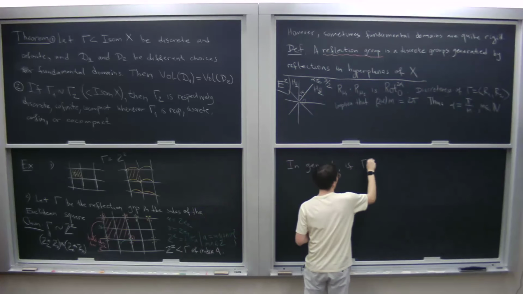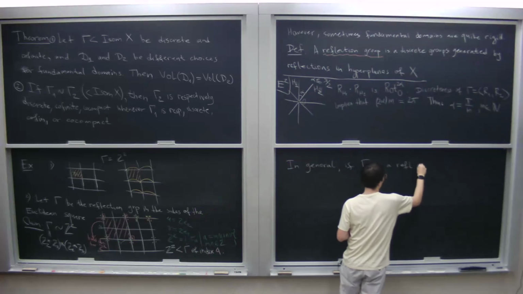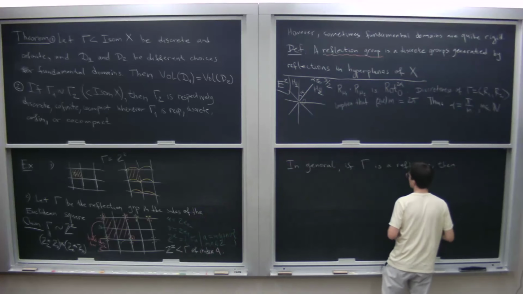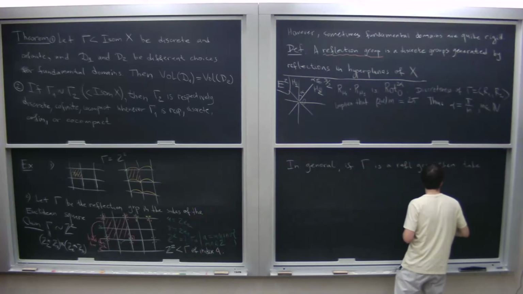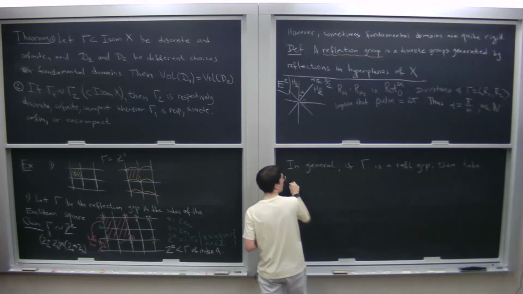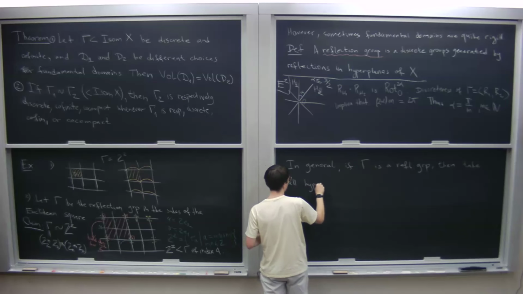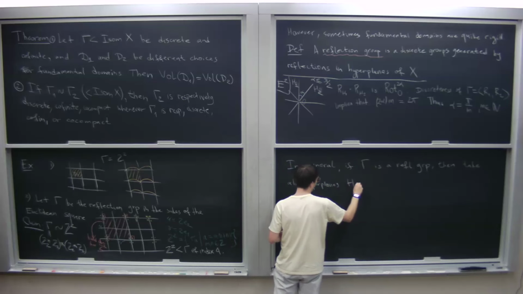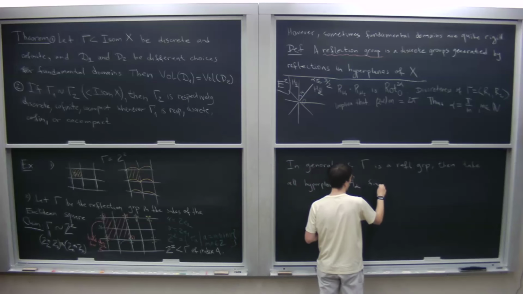If gamma is a reflection group, then take all hyperplanes H_alpha fixed by reflections.